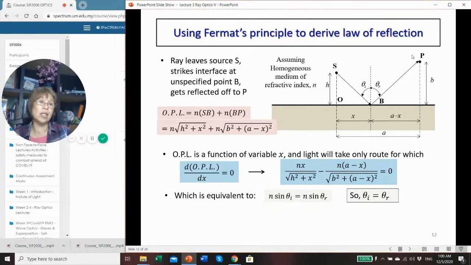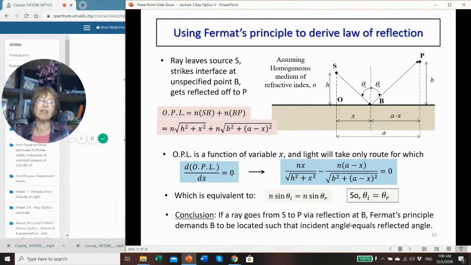This over the hypotenuse is the sine of theta r. So replacing these expressions with these, we have n sine theta I equals n sine theta r, for n and n equal. If the sines are equal, then the angles must be equal. So therefore we have the law of reflection.